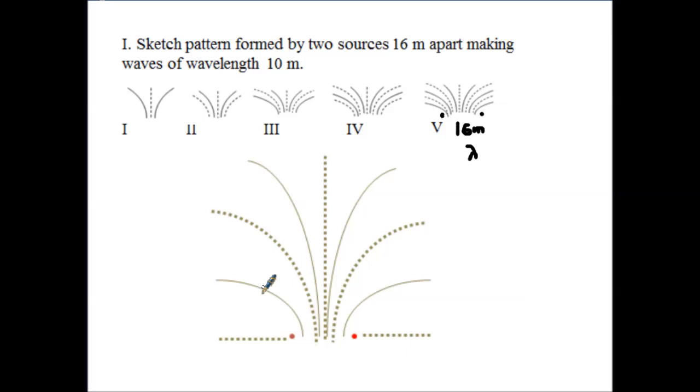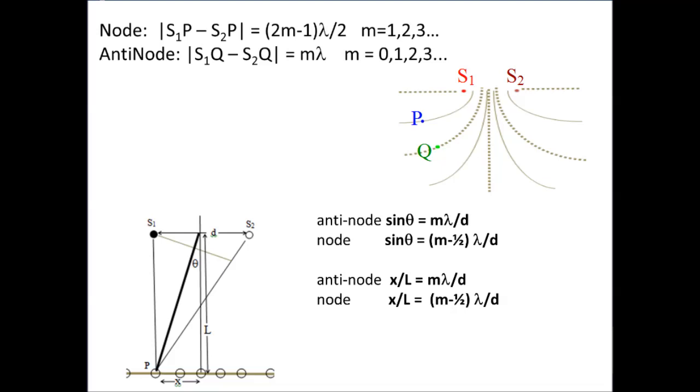Either the pattern would have fewer nodal lines or the pattern would have more nodal lines if you were to increase the frequency. And I'm sorry I ruined that for you, but do it anyway.